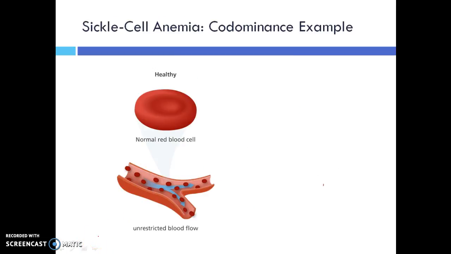Let's take a look at a quick human example. A great human example is sickle-cell anemia. Normally, your red blood cells are nice and round, and they carry oxygen really well, and they pass through your arteries and veins really easily. People who have normal, healthy blood cells have the genotype big N, big N. These genes code for healthy red blood cells.